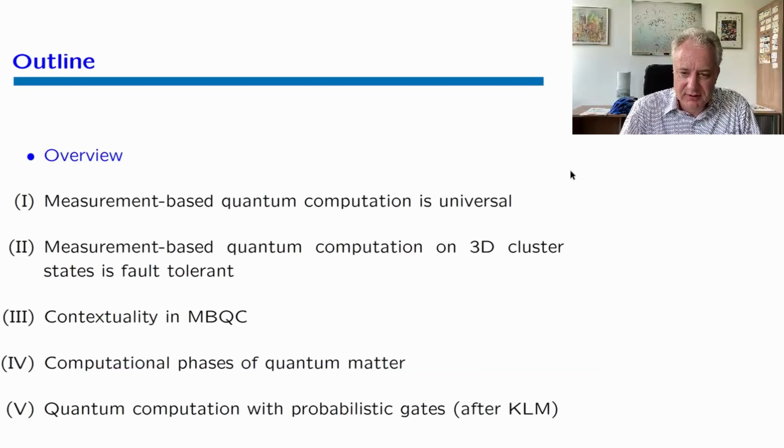We will do this after the KLM scheme of linear optics quantum computation, because it's really an application of that. Good, so these are the 5 things we will learn in this course about measurement-based quantum computation.